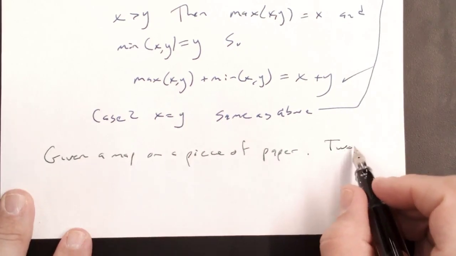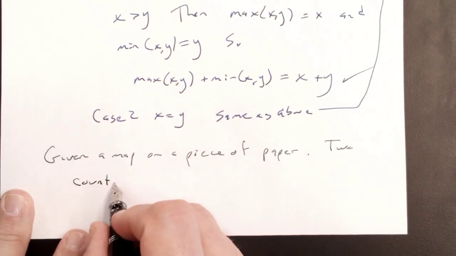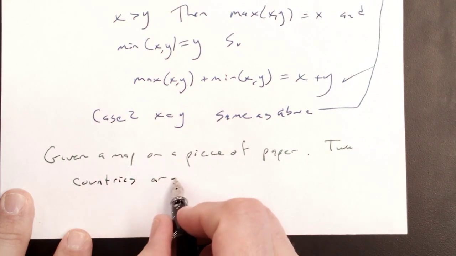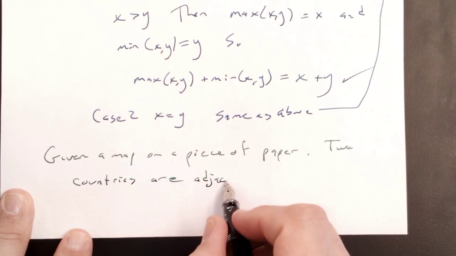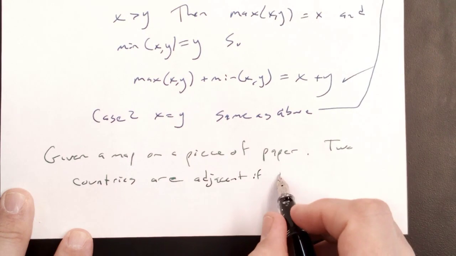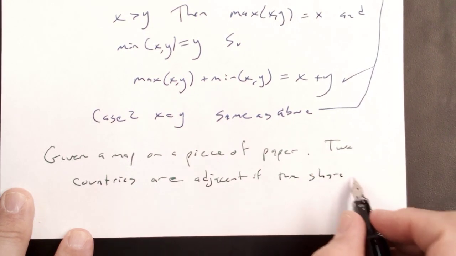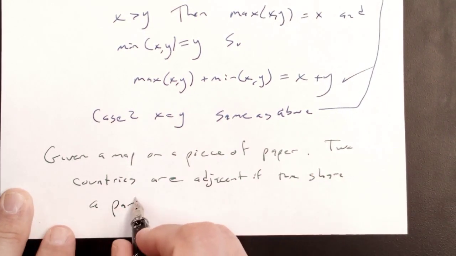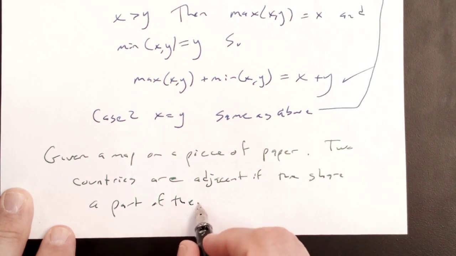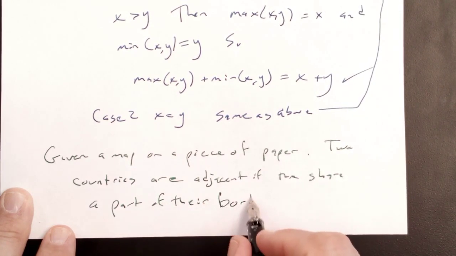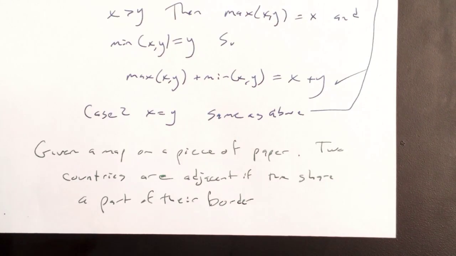Two countries are adjacent if they share a part of their border. More than a single point.